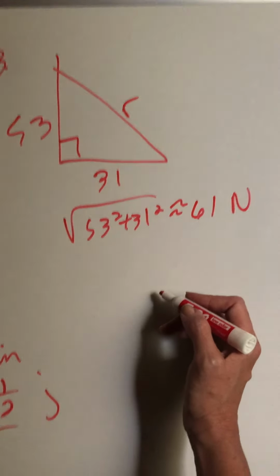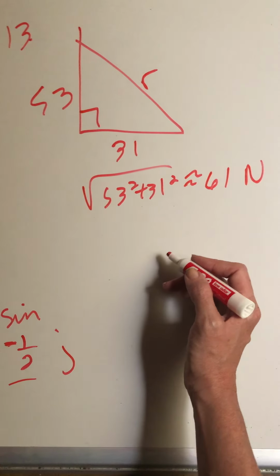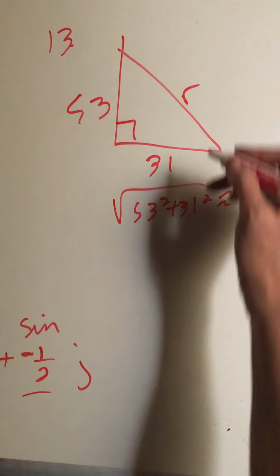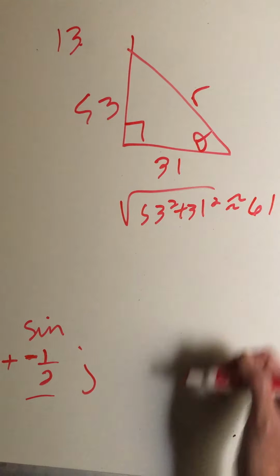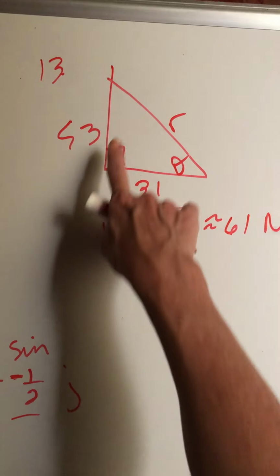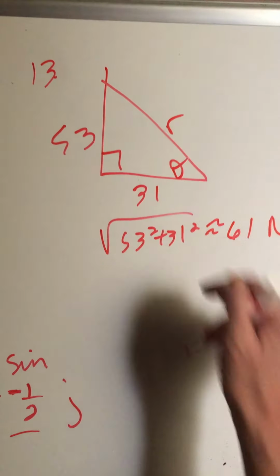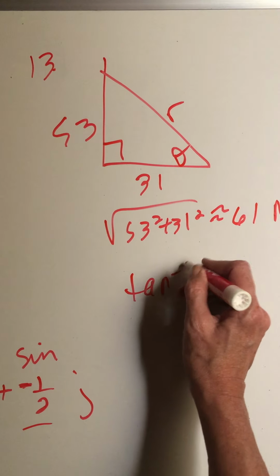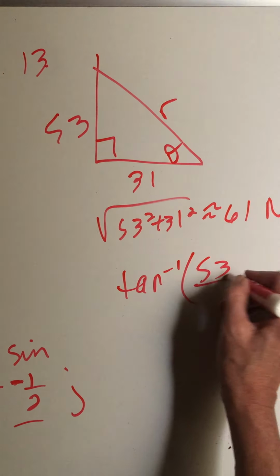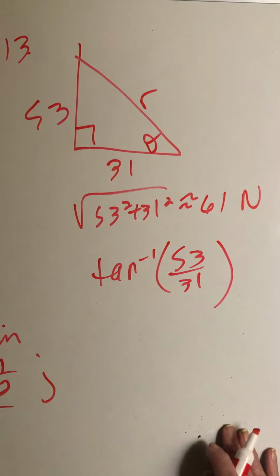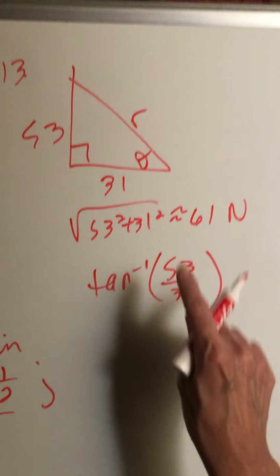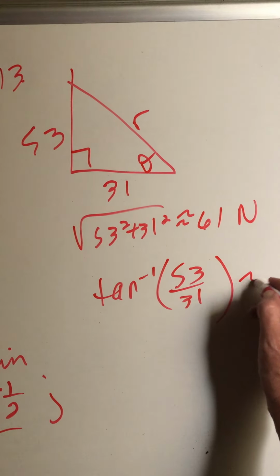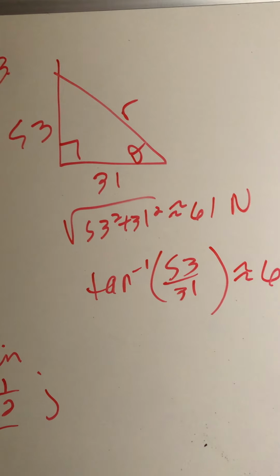And then we want the angle that the resultant makes with the smaller force. My smaller force is 31, so I want that angle right there. If I wanted it with the larger force, I'd put theta up there. Still an inverse tangent of opposite 53 over adjacent 31, because I want the angle it makes with the smaller force. So then that gives you about 60 degrees when you round it.